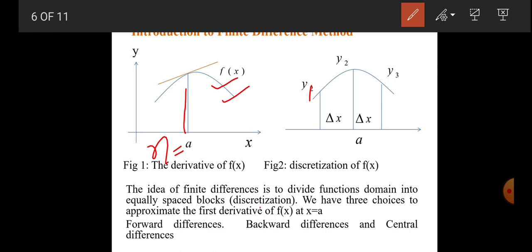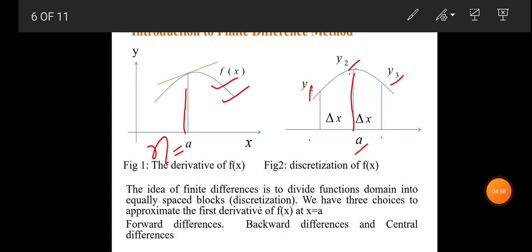Next interval is del x, and let's say here is y1, here is y2, and here is y3. So this domain function f of x is divided into y1, y2, y3, and at y2 it is a function of x is equal to a, and here it becomes x minus del x, and here it becomes x plus del x.